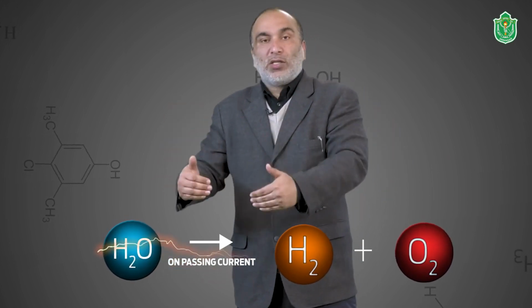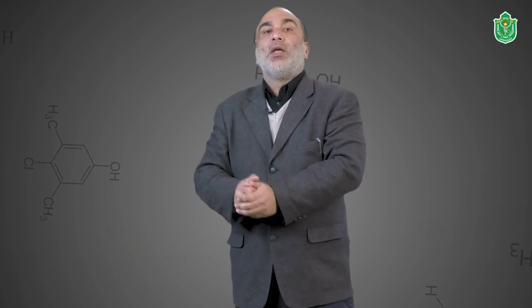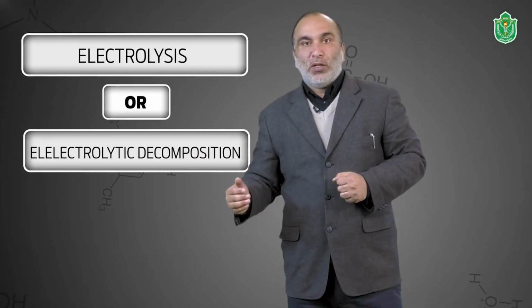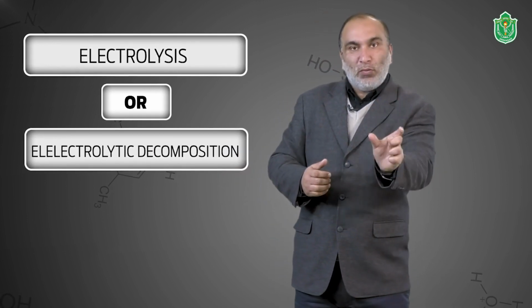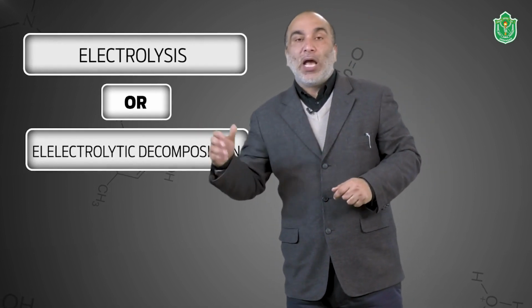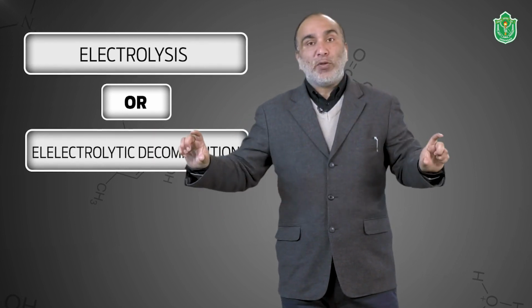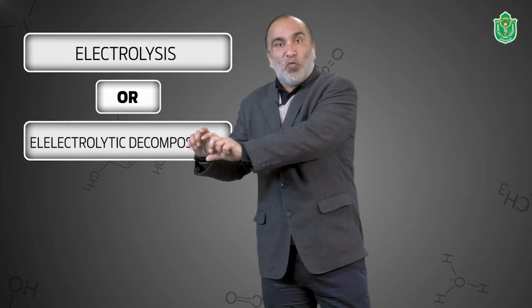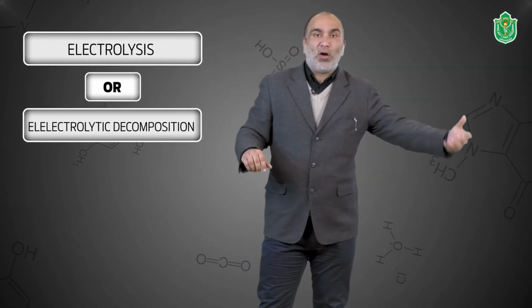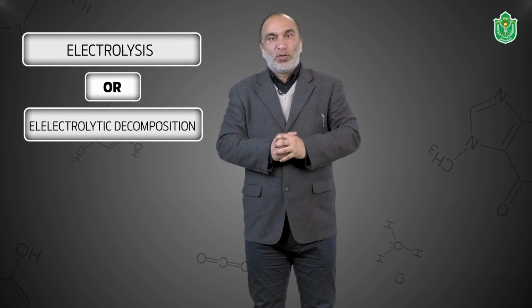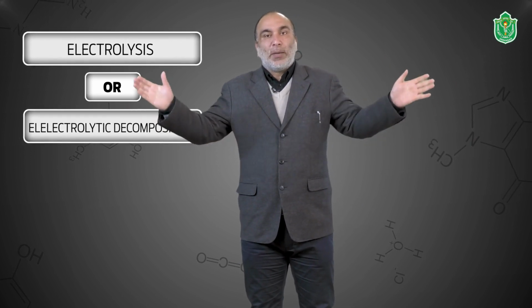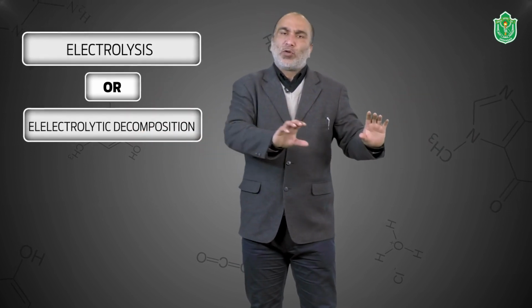So we call this decomposition reaction electrolysis. The word lysis means breakdown, and electro means with the help of current. So this decomposition of water into hydrogen and oxygen takes place with the help of electric current. So this is electrolytic decomposition, or simply electrolysis.